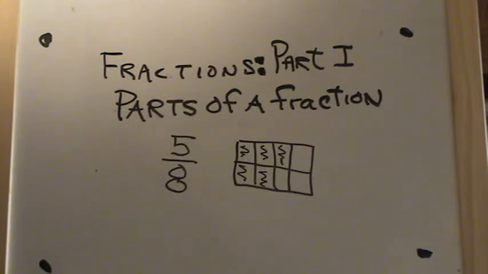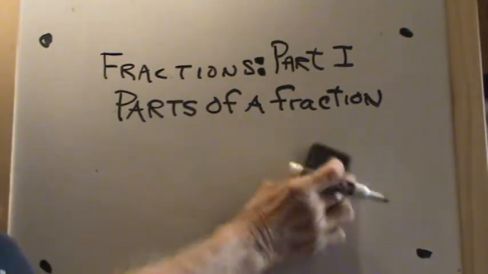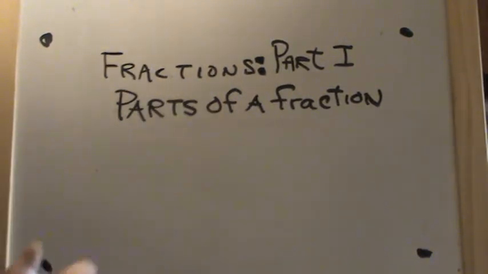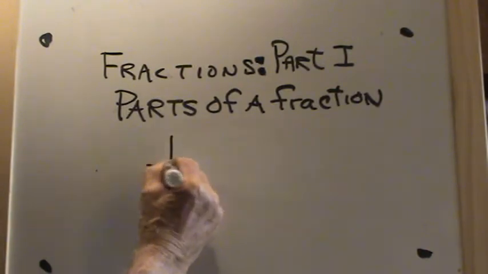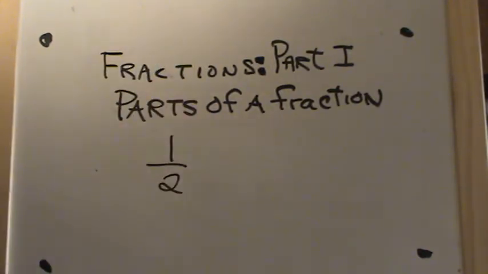Let's see if I give you some problems now, and let's see what you can do. On your notebook or a piece of paper, draw the fraction 1/2. Now stop the playing on the website and draw the fraction 1/2 and then turn it back on again.